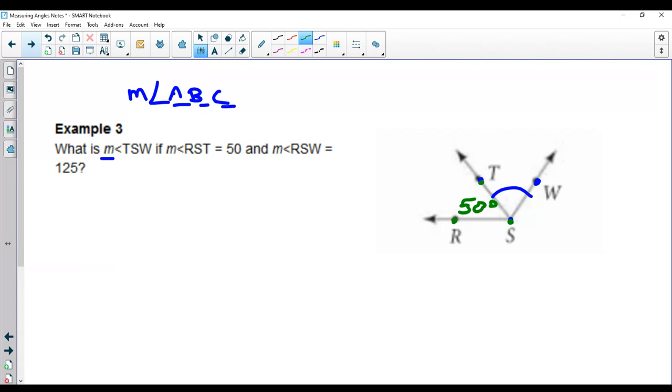Well, what's RSW? RSW is this entire big angle. They're telling me RSW is 125 degrees. Okay? So we're going to have to use our angle addition postulate here.